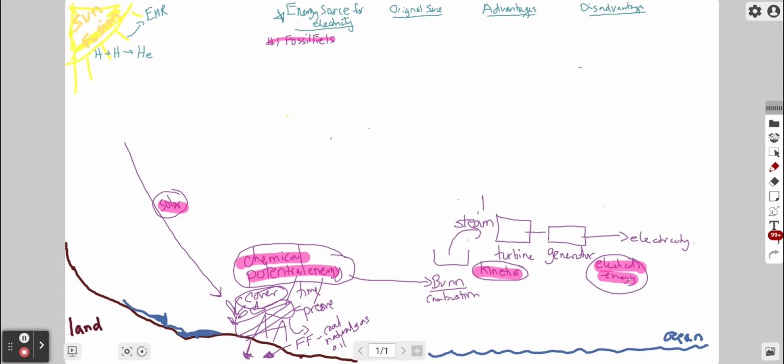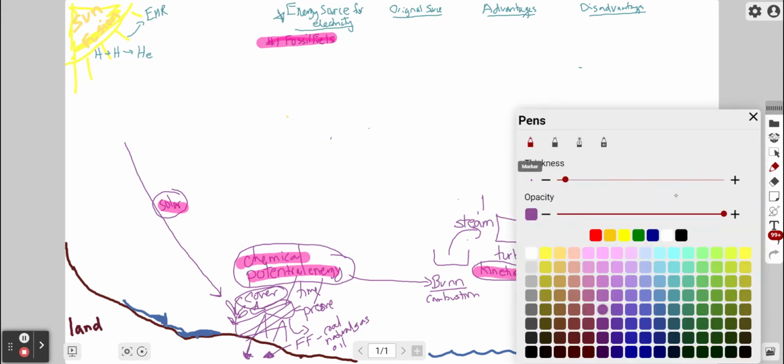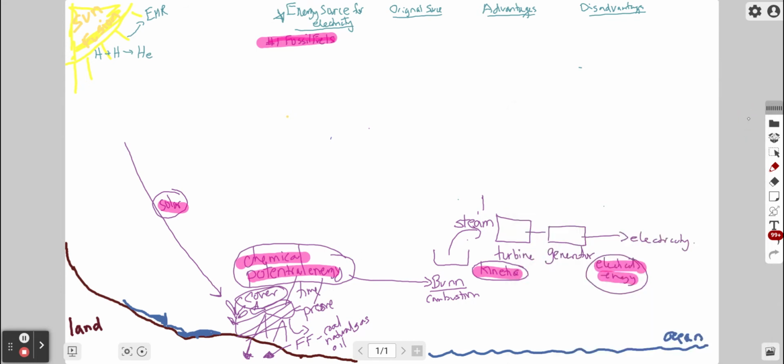And there's your pathway for fossil fuels. Covered that up a bit. All right, so if we go back and we take a look at the original energy source for fossil fuels, the original energy source is the sun. And what's happening in the sun? It's a nuclear reaction.